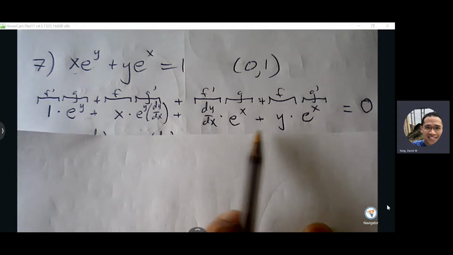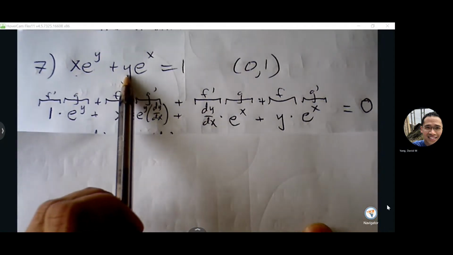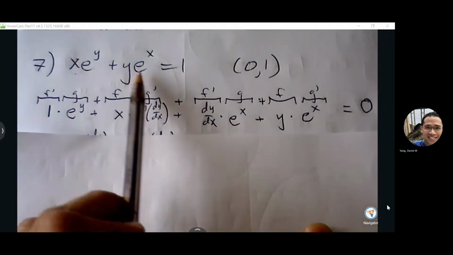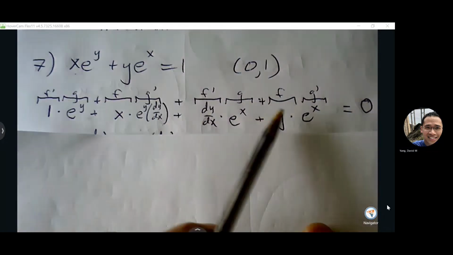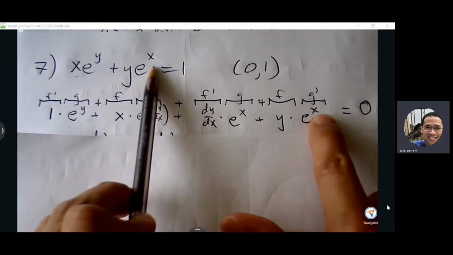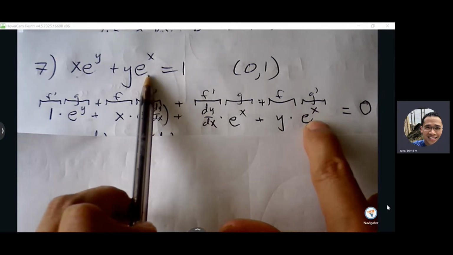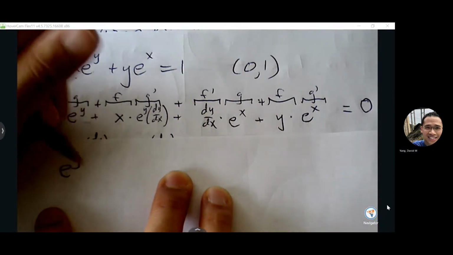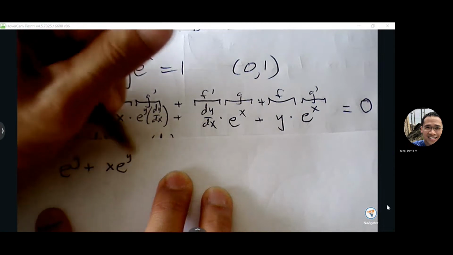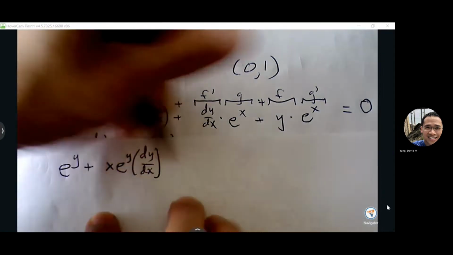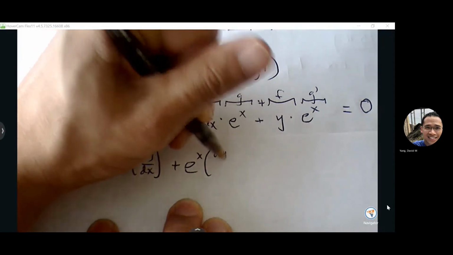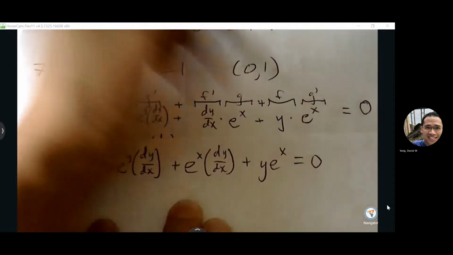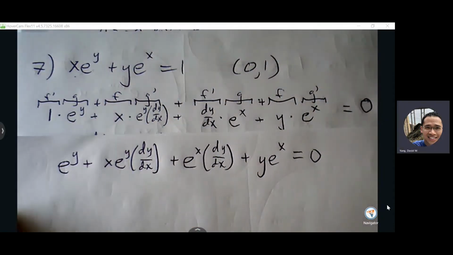Then we'll repeat the process for the f prime g. Y becomes dy dx. E to the x stays. We keep the f. E to the x becomes just e to the x, right? The derivative of e to the x is just e to the x times 1. No changes there, and the 1 goes to 0. Let's do some cleanup here. Okay, so I have 4 terms.